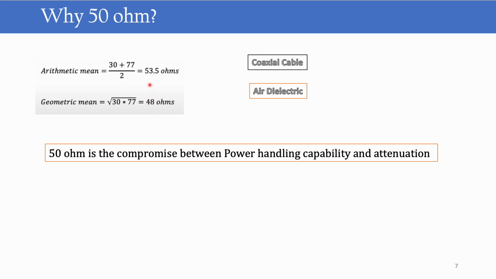So we can say that 50 ohm is the compromise between the power handling capability and attenuation based on these factors. So we came to the 50 ohm value considering a coaxial cable with air as the dielectric.